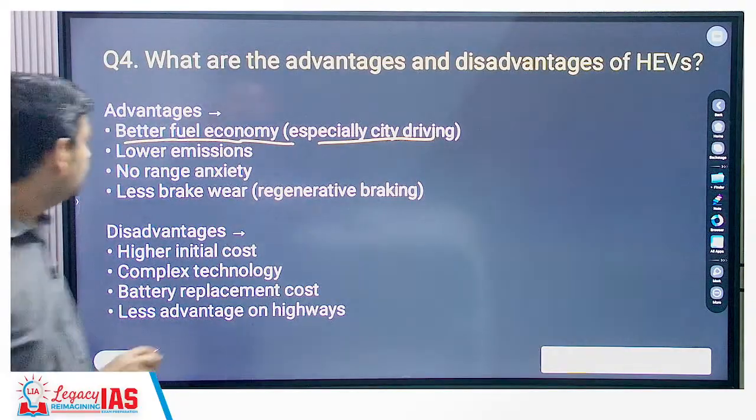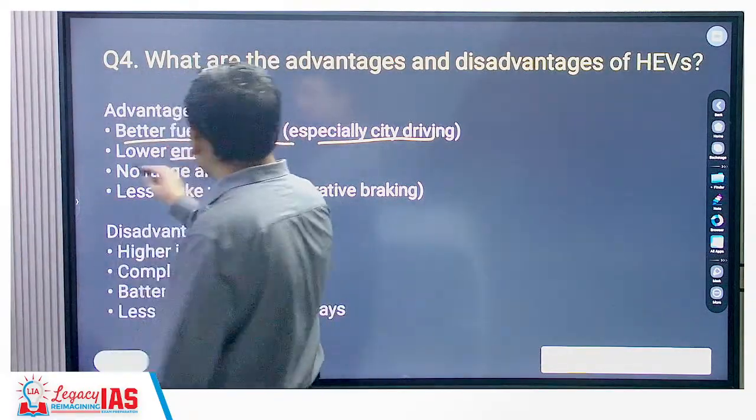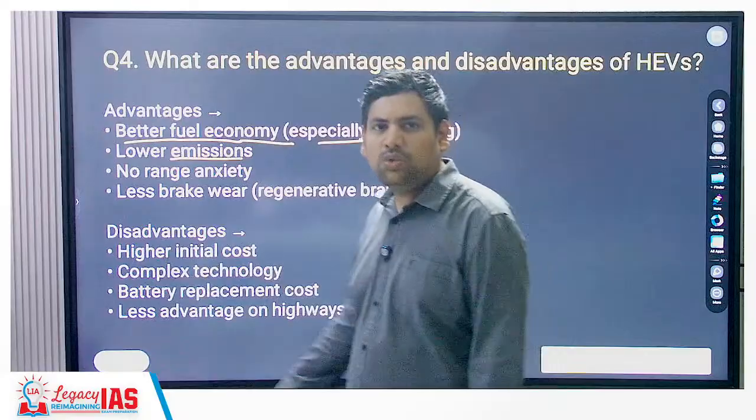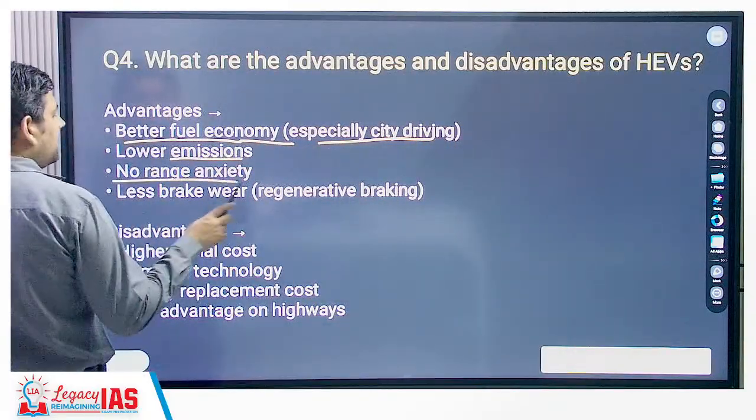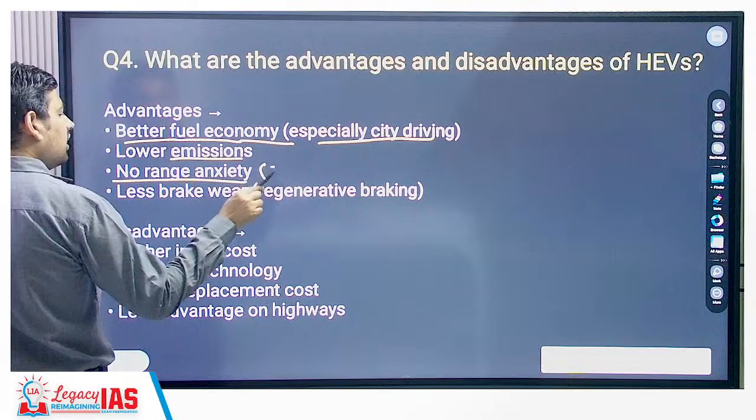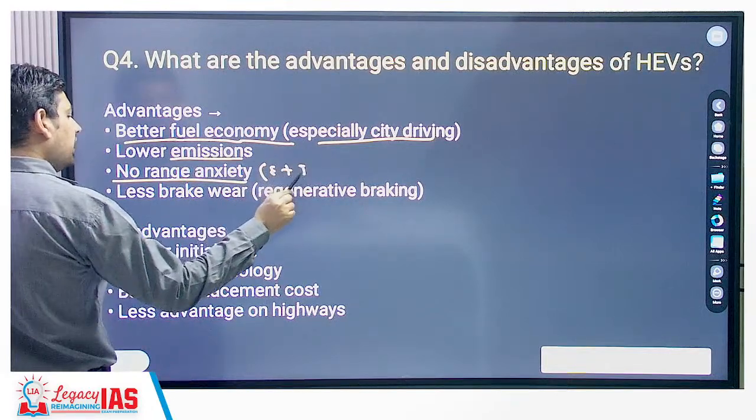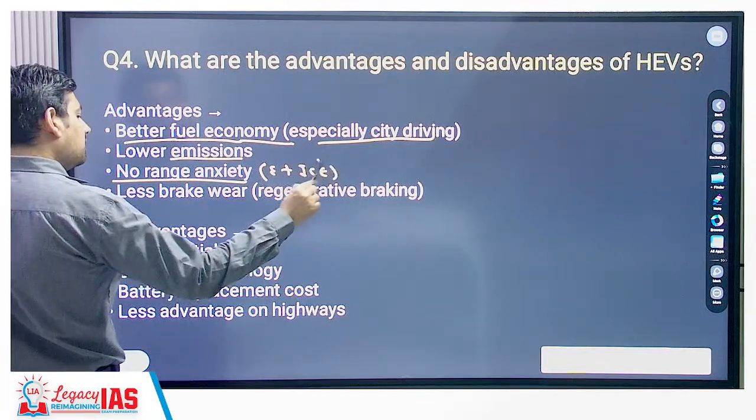Yeah, and then lower emissions. For whatever length you use electric, it will be almost no emissions. Then no range anxiety. Why? Because apart from electric, you also have ICE to increase the range.